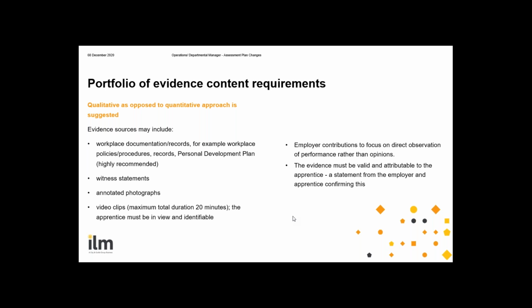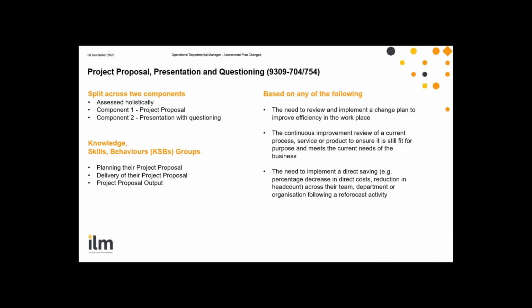So if we can now move to the next slide, I want to tell you a bit more about the second method of assessment, which is the project proposal presentation with questioning, which is the 9309, 704, for the first sitting, and 754 in case of a resit or retake.